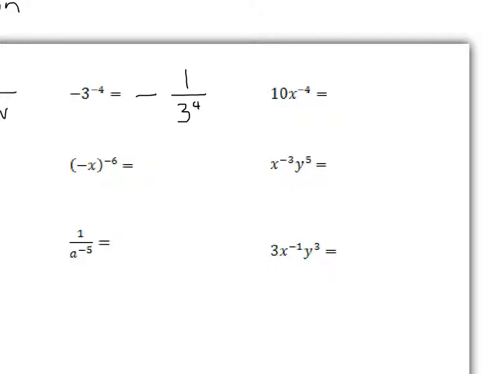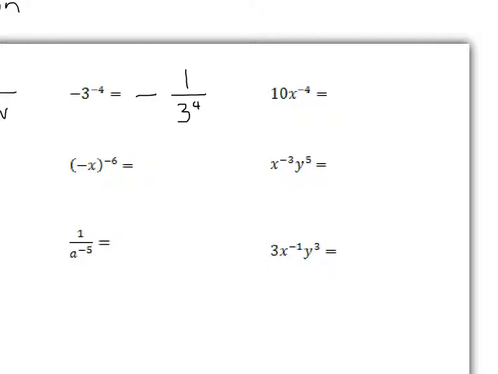So that 4, that even exponent, does not apply to the negative, just to the 3. If we wanted that negative out front to be part of the base, we would have to use parentheses. We didn't, so only 3 is being raised to the negative 4th and then the 4th power.